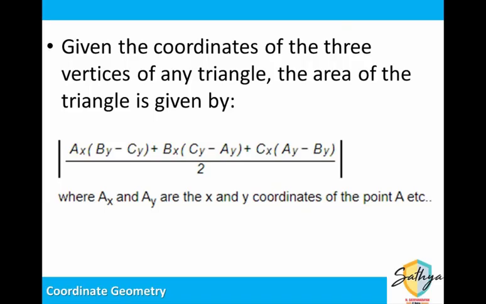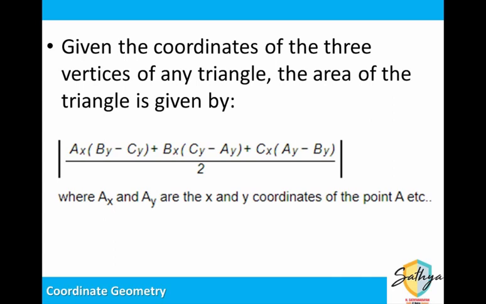Now, supposing you are given three coordinates, right? We know that we can join 3 points and always get a triangle. So, supposing AX, AY, BX, BY, and CX, CY are the three coordinates.